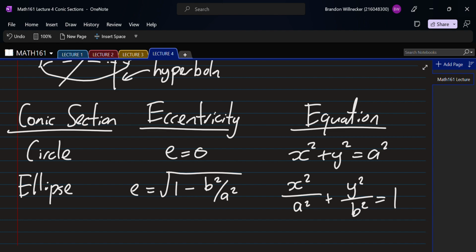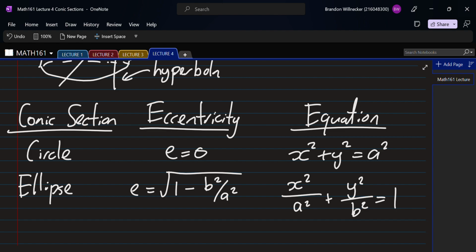We can get these values from the equation, and later on we'll see the geometric origin of these values. For an ellipse, if a equals b, we end up with an eccentricity value of 0, which will be a circle. That's because the width and the height of the ellipse are equal, so we just end up with the circle again.